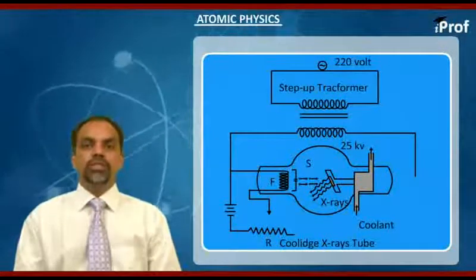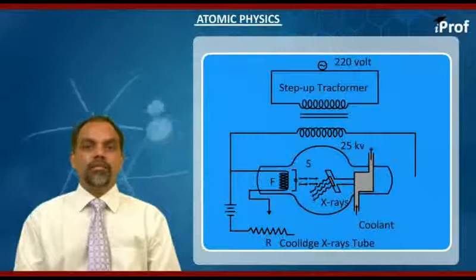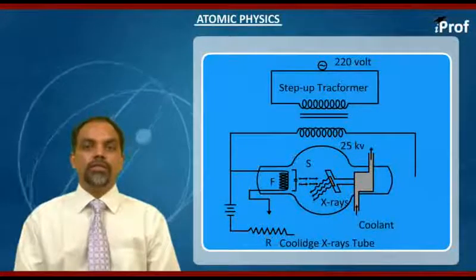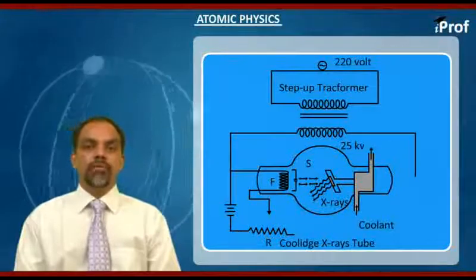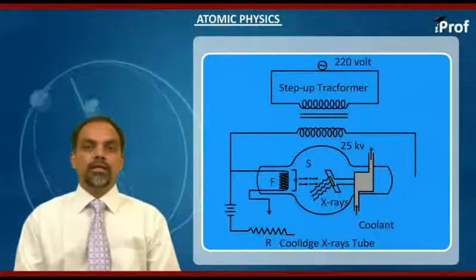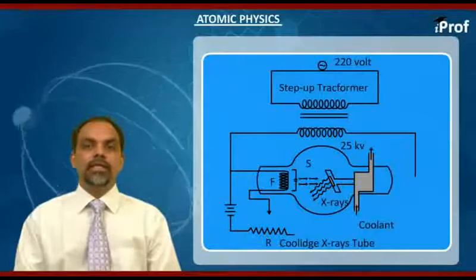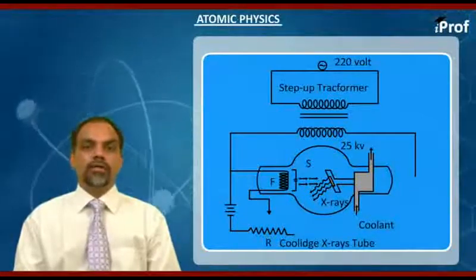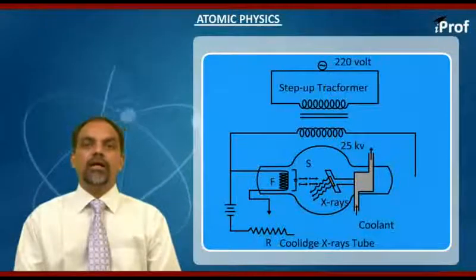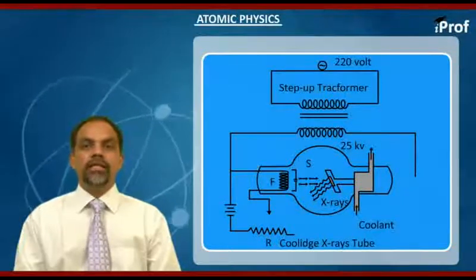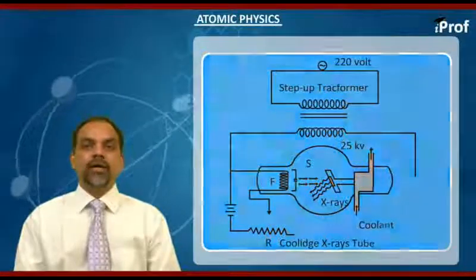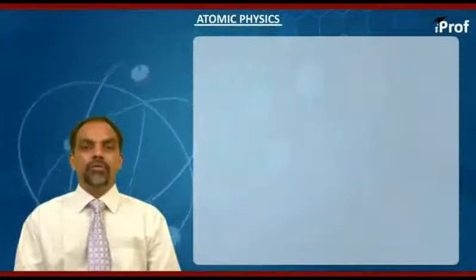Now the Coolidge tube, which was originally designed by William Conrad Roentgen, was very simple in design, but the modern day Coolidge tube is very complicated and has gone through drastic changes in its design. But as a student of 12th standard, we are not interested in design details, we are just interested in the basics, that is, how X-rays are produced.